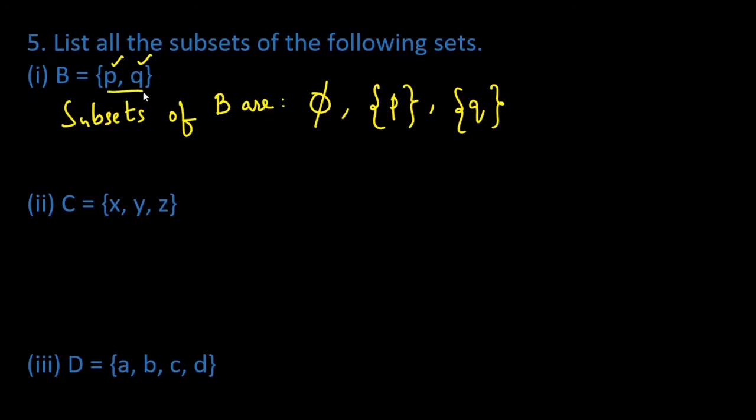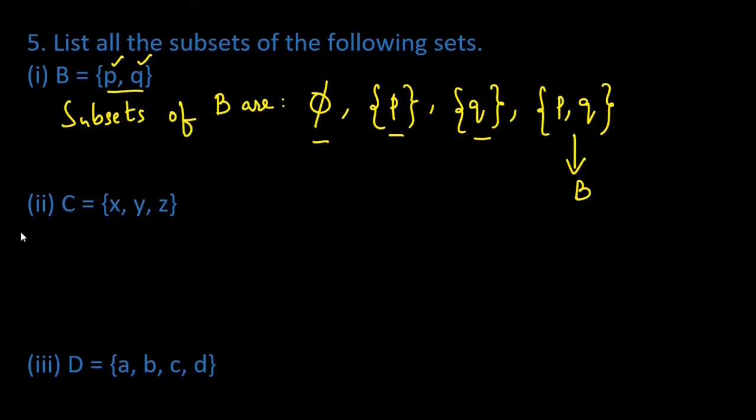Two elements P, Q. Of course this is B. So we have four subsets: the empty set, set containing element P, set containing element Q and set containing elements P, Q, that is equal to B. So we have four subsets.